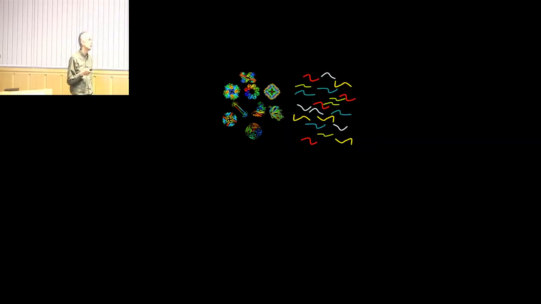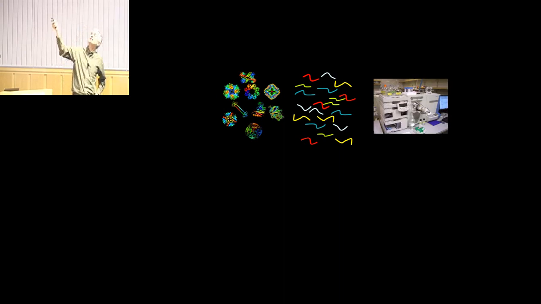So the way that shotgun proteomics works is that you take these proteins and you first cut them up into pieces using something like trypsin. And the trypsin gives you somewhat deterministic cleavages of the proteins. And these peptides are the things that are subject to mass spectrometry. You put them through a device. This is a picture of a device in our department. That's actually an old one by now.